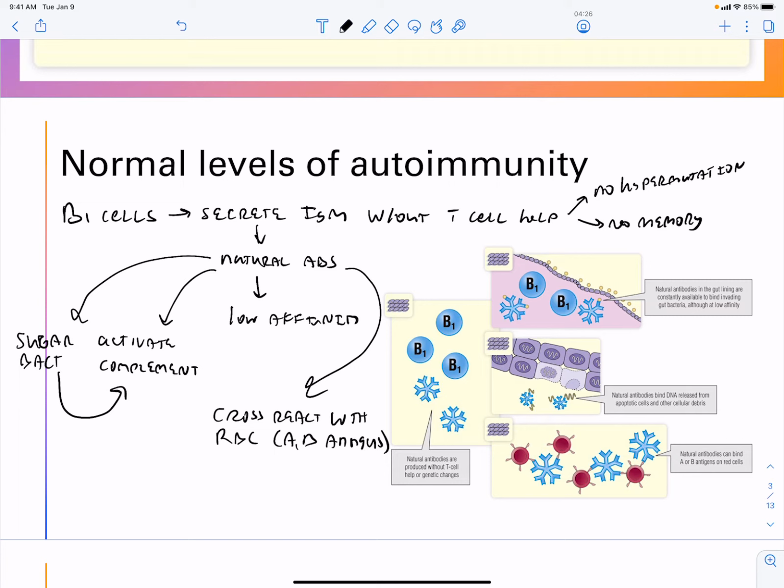They are going to be important in things like transplant rejection. And they are also going to have the ability to bind with low affinity to self-antigen. And these are found in such things as lupus as anti-nuclear antibodies, for example.